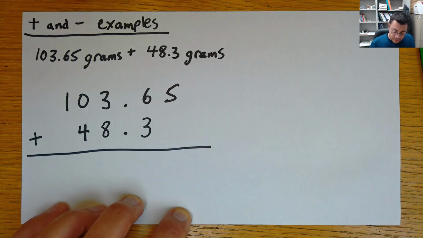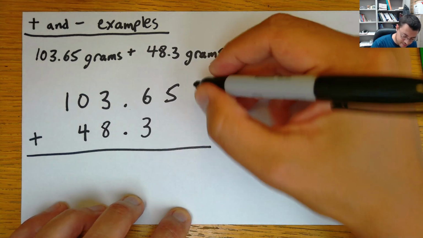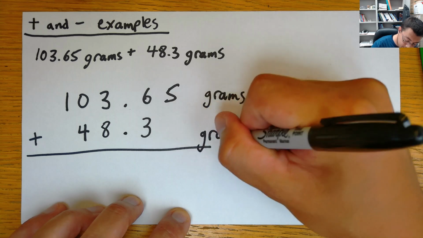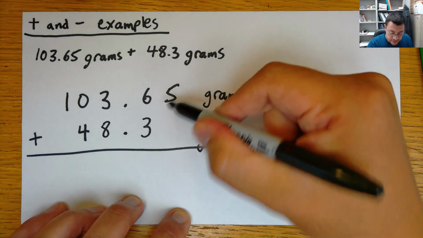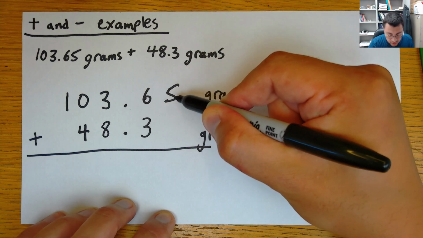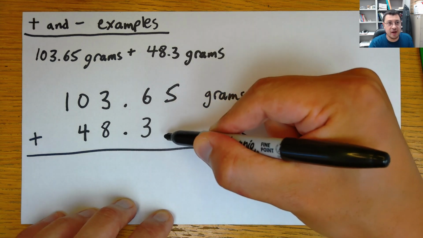So before we do the math, I just want you to think about why sig figs matter. So here, we have, forgot my units. All right, so here we have a measurement, 103.65. That was measured more precisely than our second measurement.